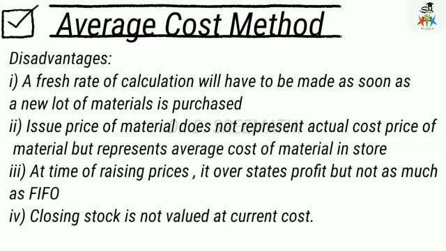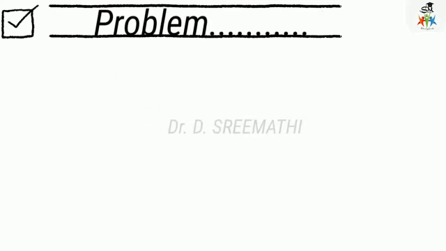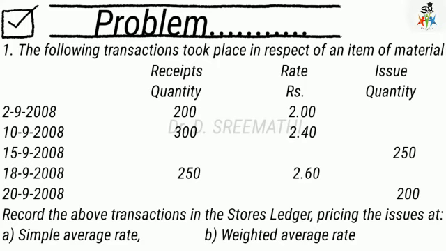So this is about the advantages and disadvantages of the average cost price method. Let us see it with a problem. The following transactions took place in respect of an item of materials. On 2/9/2008, the receipt is 200 units, rate is 2 rupees.